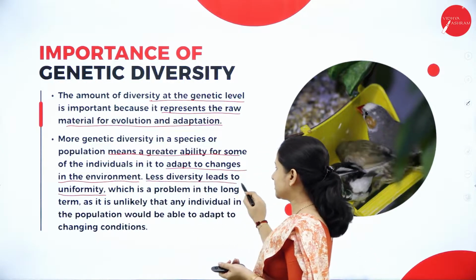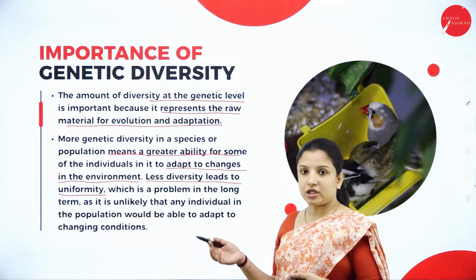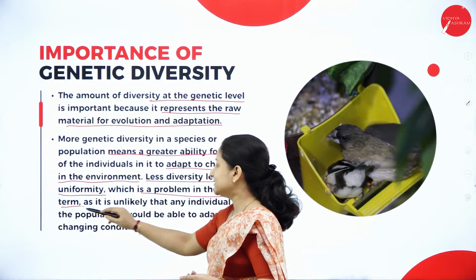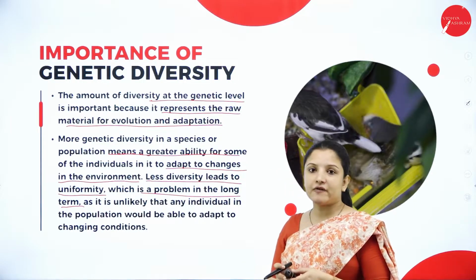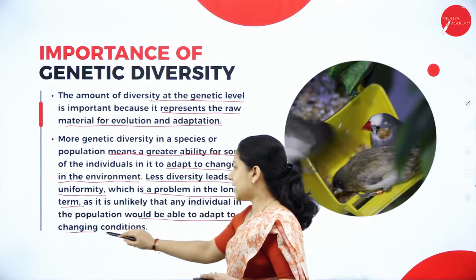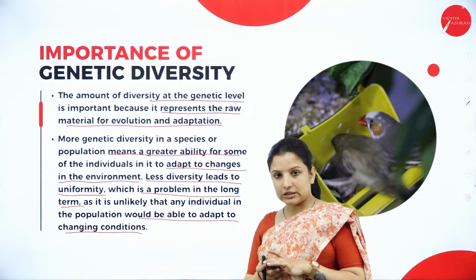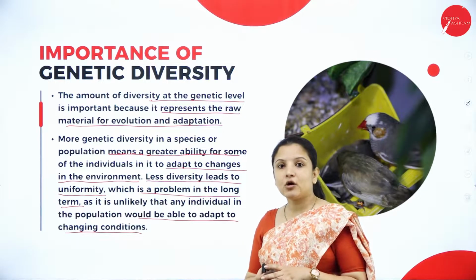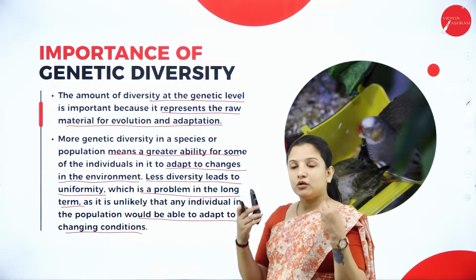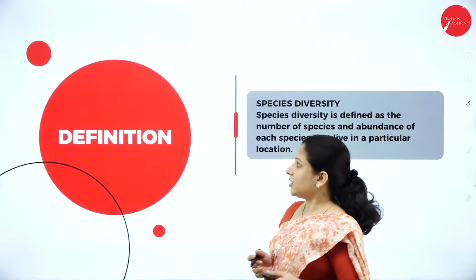Because less genetic diversity will lead to uniformity in the particular population, which is a problem in the long term, as it is unlikely that any individual in a population would be able to adapt to changing conditions. So, if a particular population has to adapt to the changes in a particular environmental condition or to the particular habitat in which they are living, lots of genetic diversity is needed. So that is why genetic diversity is very, very important.